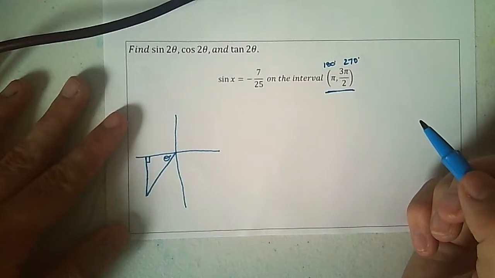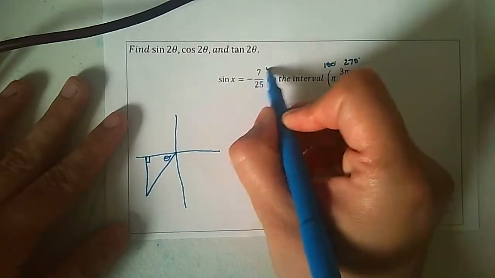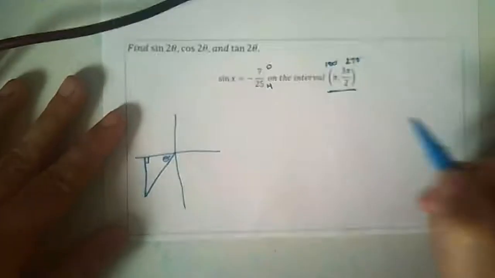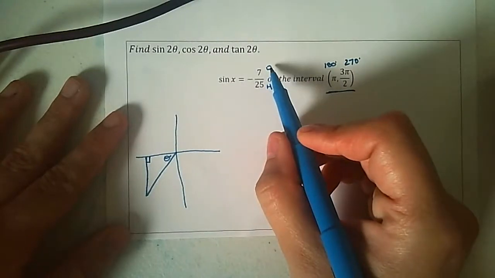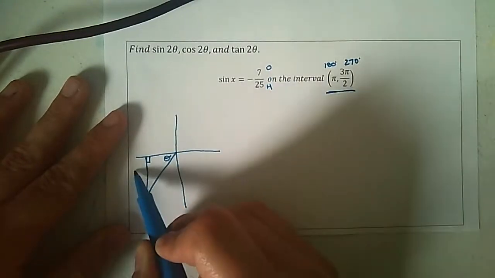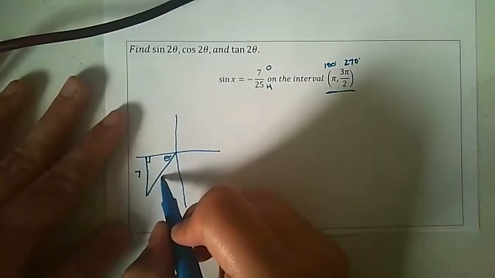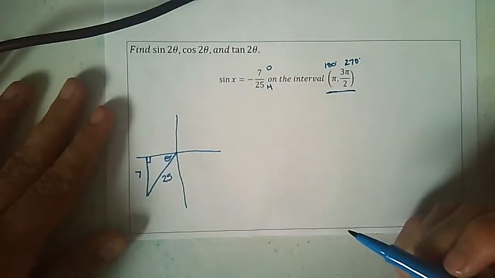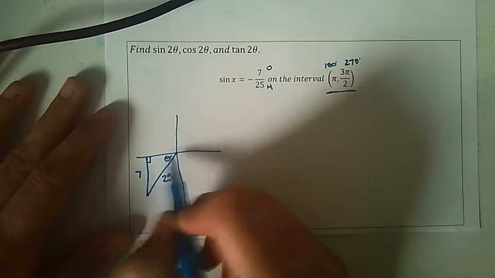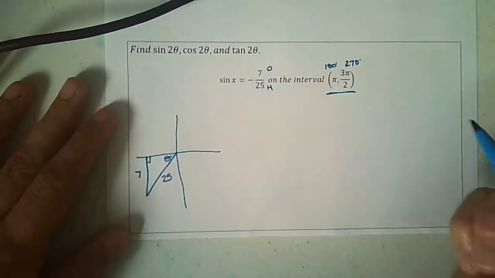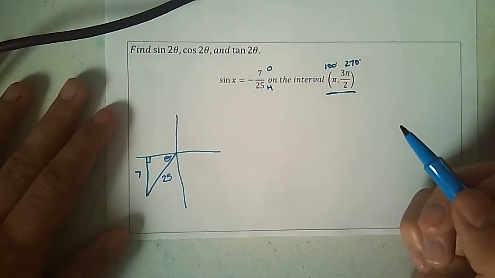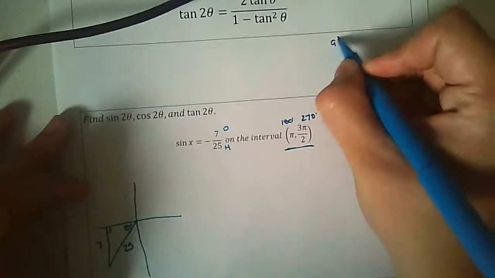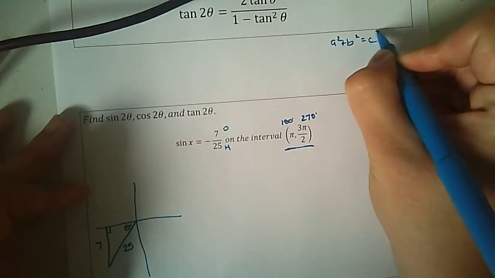If we're dealing with sine, remember sine is opposite over hypotenuse. So I'm going to have my opposite side have a length of 7, and my hypotenuse then has a length of 25. Then we need to figure out what our adjacent side is. Since this is a right triangle, I'm going to use the Pythagorean theorem: a squared plus b squared equals c squared.